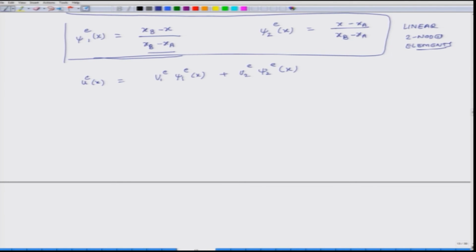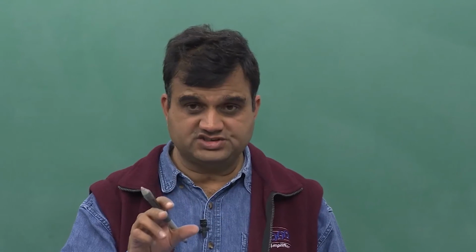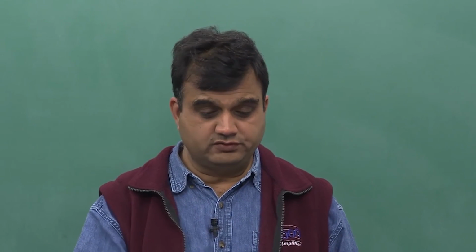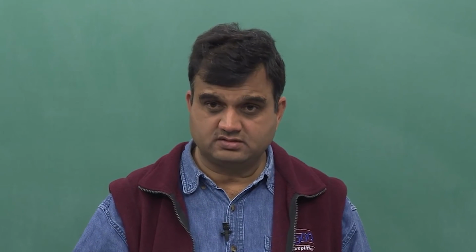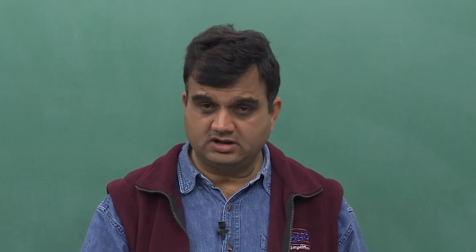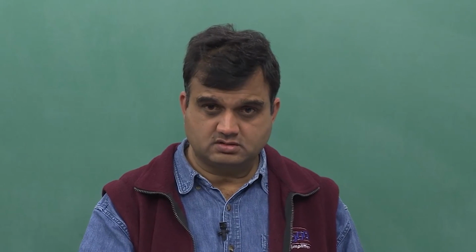If it is a quadratic function, then our element has 3 points. So, we will need psi 1, psi 2, psi 3, but using a similar development process, we can calculate those functions as well. If it is a cubic element, then we will have 4 such functions, but the process is the same. So, that is one thing.